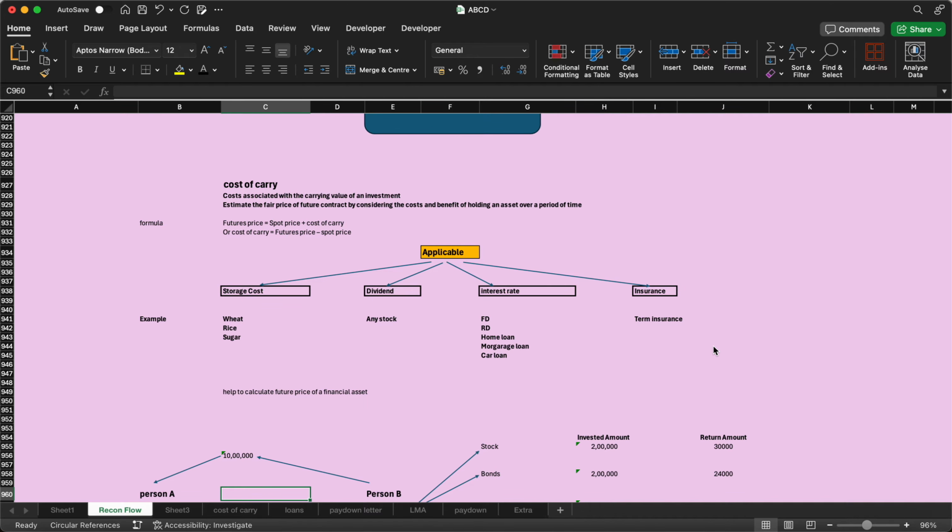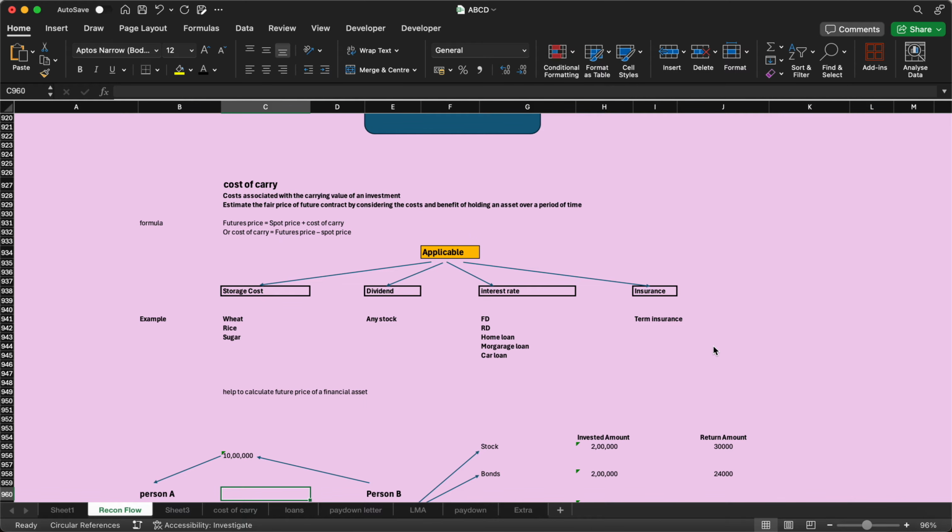The warehouse charges around 10,000 rupees per month for this. They also charge the electricity bill, and then there is the transport cost from your farm area to the warehouse, and maybe other costs. If you deposit the 10 lakh rupees of wheat for 1 month, you get a cost of around 50,000. So that 50,000 is the cost of carrying that product for 1 month. It is just a term I am explaining to you in short.